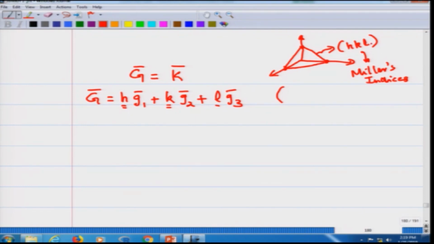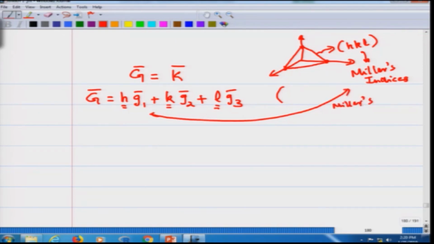So, a real plane of lattice points and its parallel set of lattice planes have an index which is given by H, K and L. My reciprocal lattice is also generated with G1, G2, G3, and you have these indices which are written as H, K and L. Is there any connection between these indices and Miller's indices?